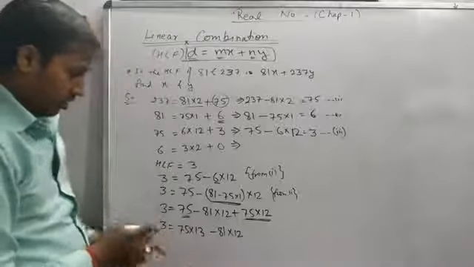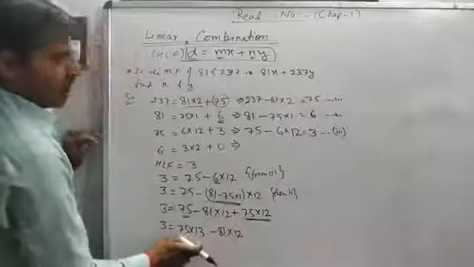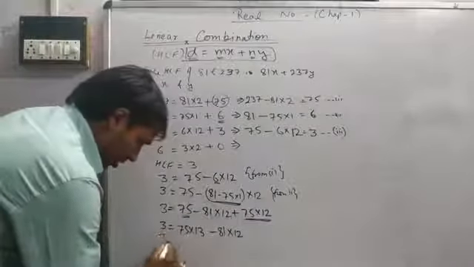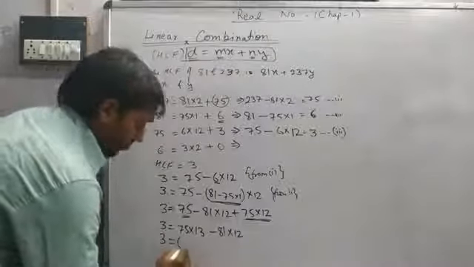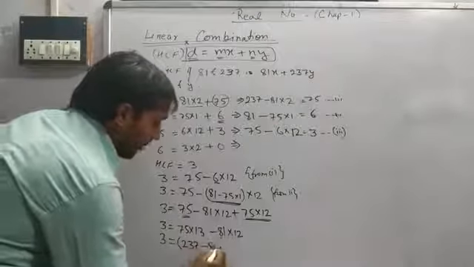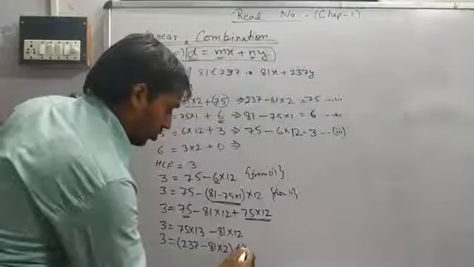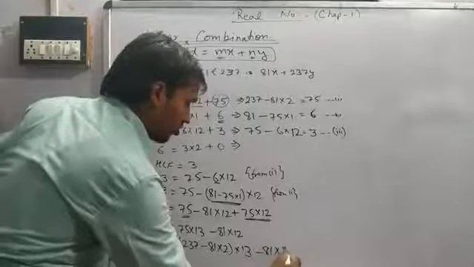Then again 75 is a remainder. From the first equation we put the value of 75. Then 3 equals 237 minus 81 into 2, into 13, minus 81 into 12.